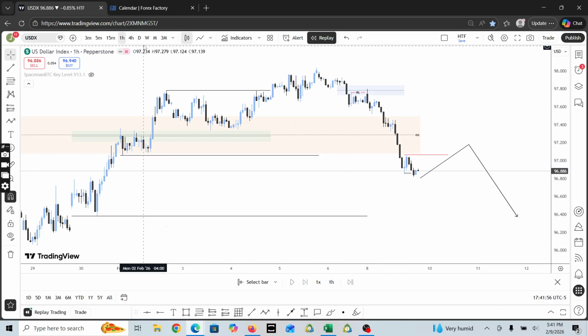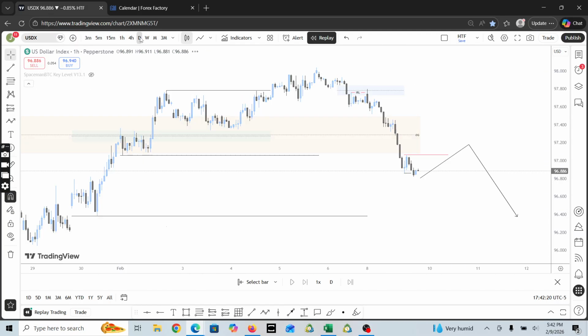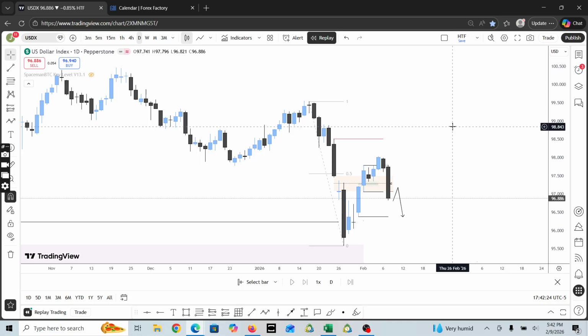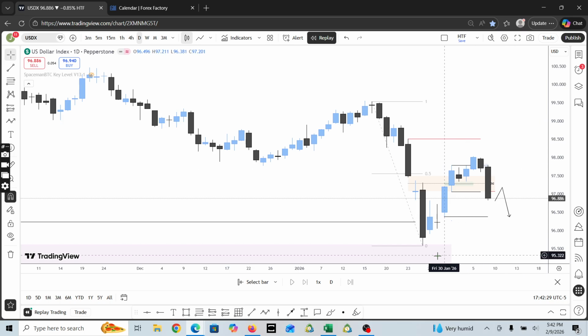I do not know if price is just going to work this and then continue lower, or if price is going to give us some sort of consolidation before continuation because of how bearish or how beefy today's candle closed. When Monday gives us a very huge range, we usually see the rest of the days that follow it doing quite consolidative.